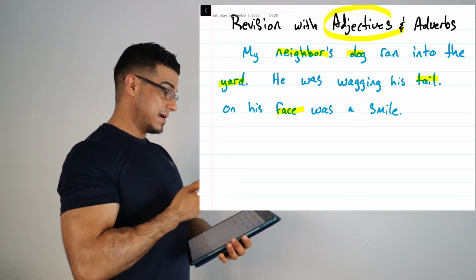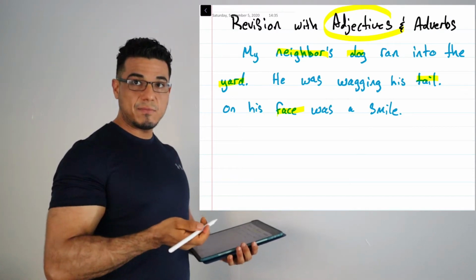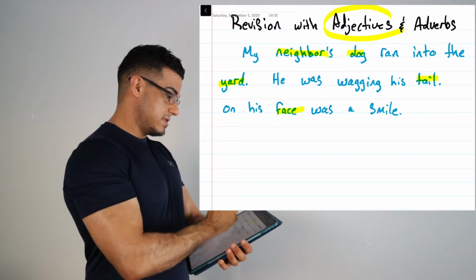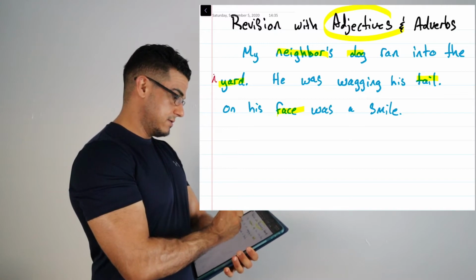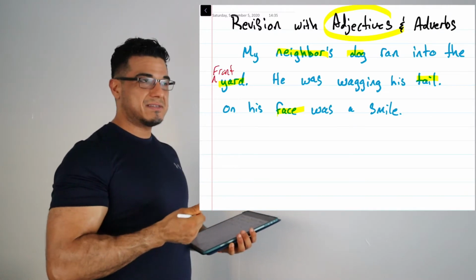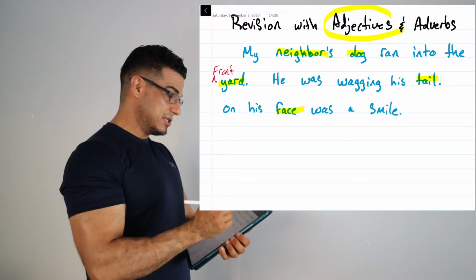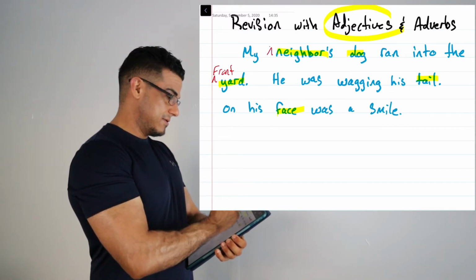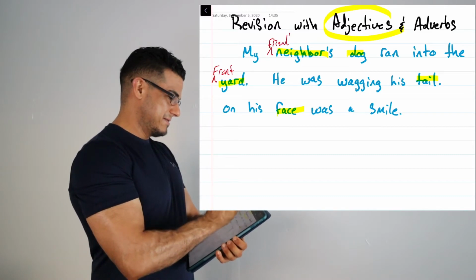So looking first at my neighbor's dog ran into the yard. They can pick any noun that they want to enhance. So I could say my neighbor's dog ran into the front yard.